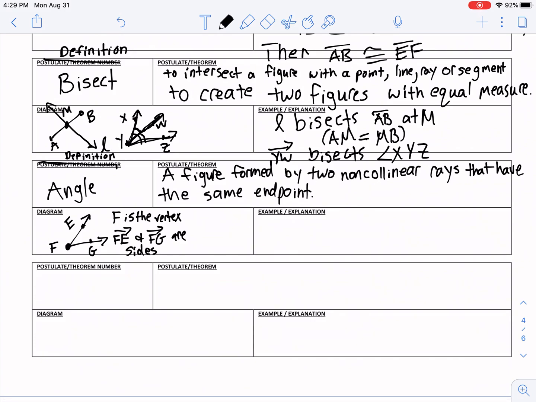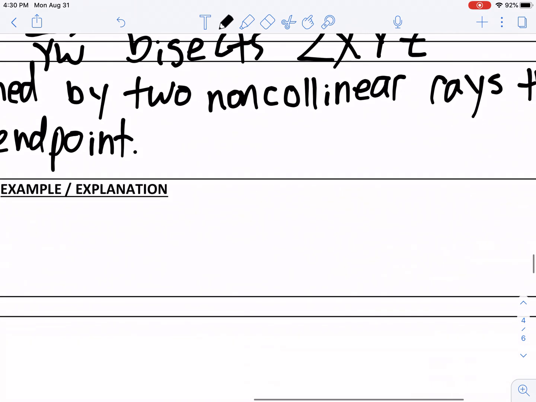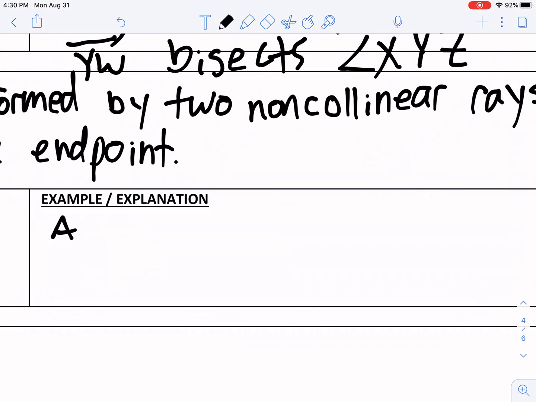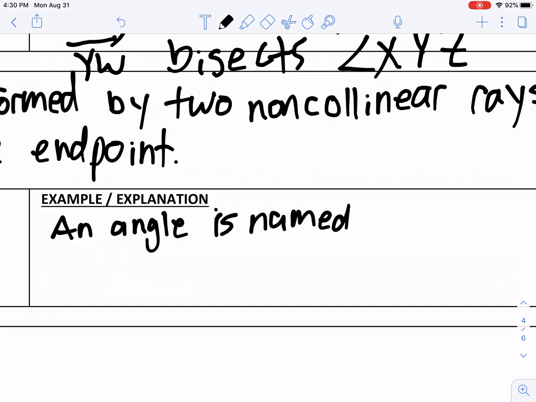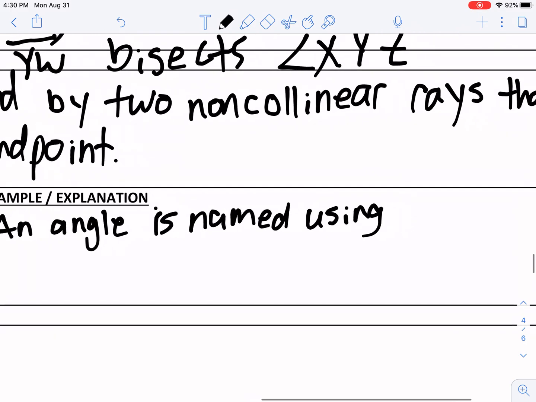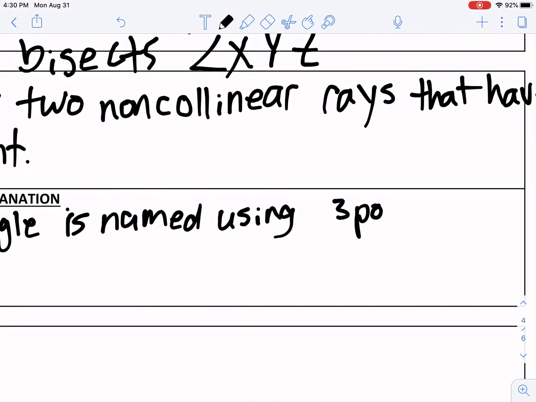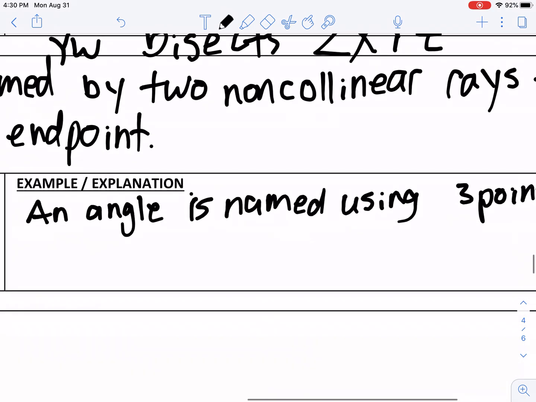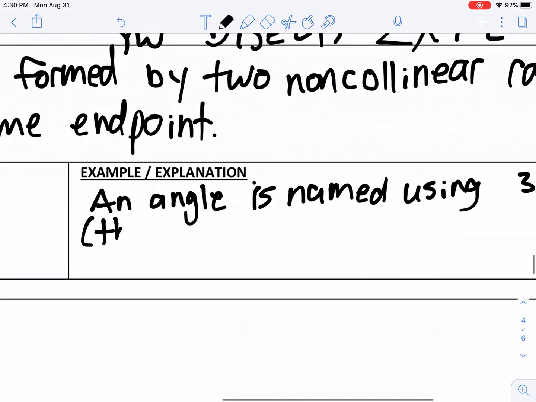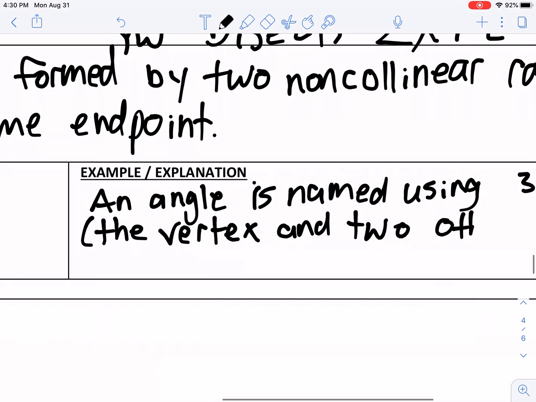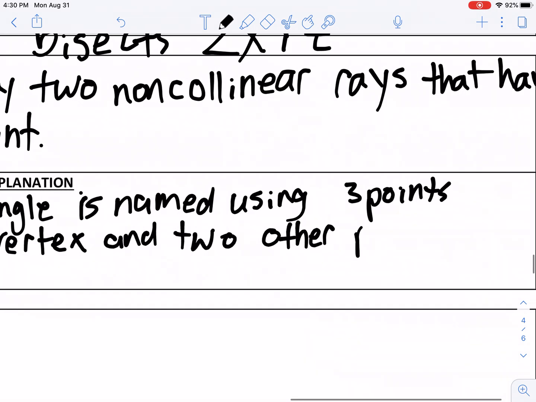Now let's talk about how we can name an angle and the different types of notation that we can use. An angle, let's write this over here in the example explanation, is named using three points that includes the vertex and two other points.